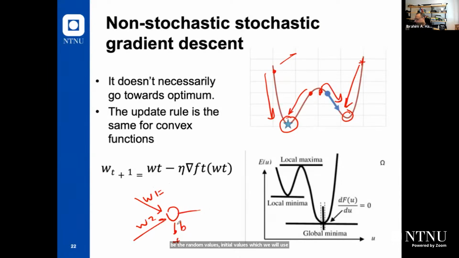Just remember this. Imagine this is my error function, and the error function which I need to minimize is non-convex. So some people will end up here, some people will end up here. You have the same problem, and your colleague, working beside you, has the same problem. Both of you are solving it.